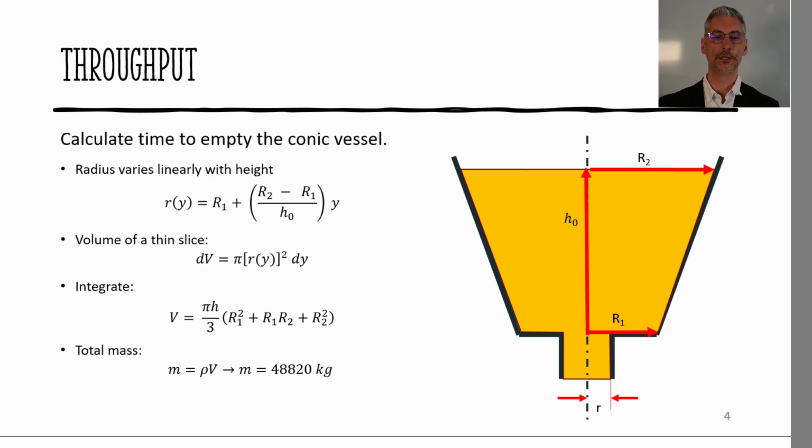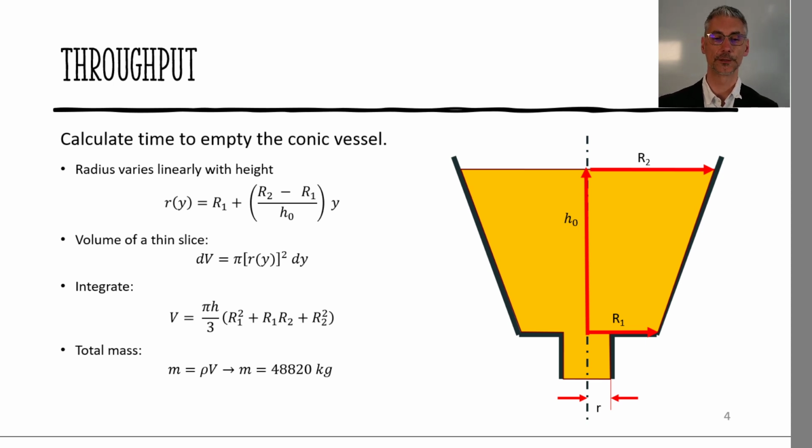So what we need to do is calculate the emptying time with respect to this radius. And the radius of the vessel inside depends, of course, on the height where we are. At the bottom we have R1, and at the top we have R2, and because the conic vessel has a linear slope, this can be represented by alpha y.